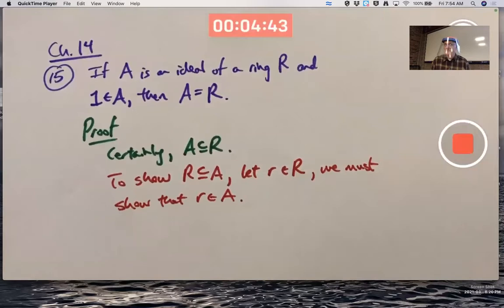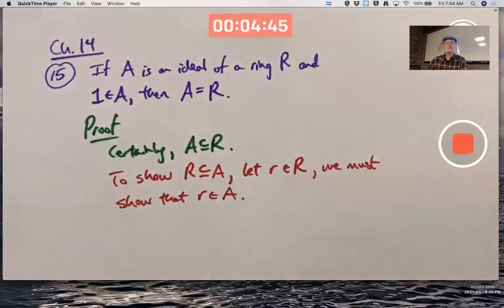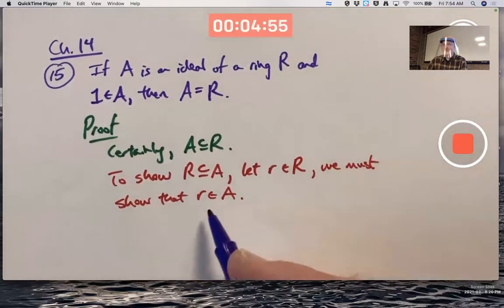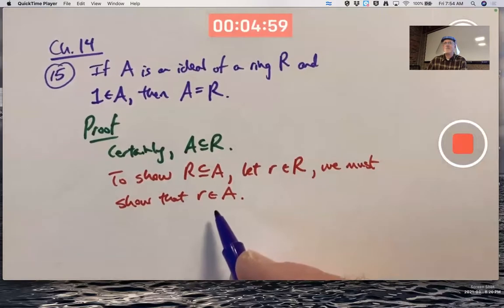It's got to be, I mean, well, part of the hypothesis there. Did you figure it out? Anybody? Uh-huh. Multiply 1 from A by R. It has to be in A. Yep, exactly.